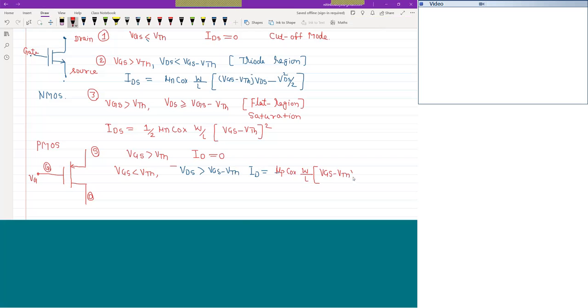The current expression is same whether it's N type और P type MOSFET, but इस बात का ध्यान रखिए सारे साइन के साथ यूज करना है ना, पॉजिटिव है तो पॉजिटिव, नेगेटिव है तो नेगेटिव, साइन को अवॉइड नहीं करना है. So this is the value of current, and this region is known as triode region.